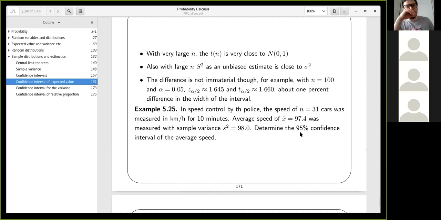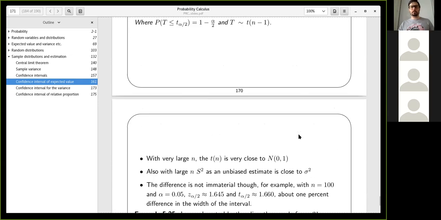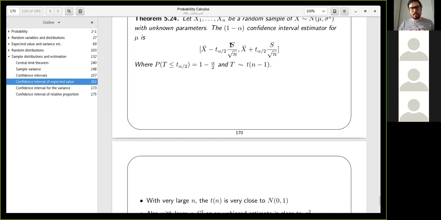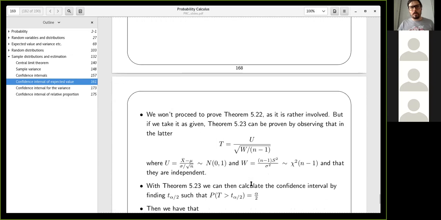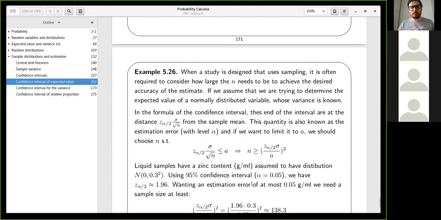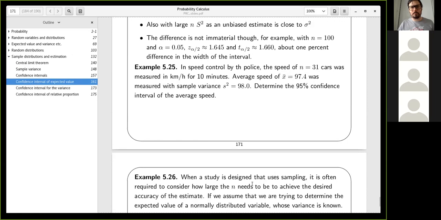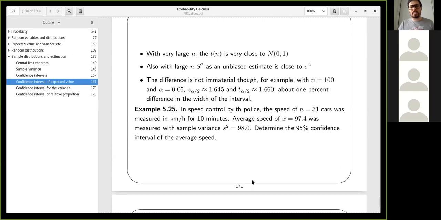I'm not going to go through this example. You would punch in the numbers here: s over the square root of n. So that would be the square root of 98 over the square root of 31. And then you would look at the t-inverse of 0.975, because you are eliminating 2.5% at both ends.